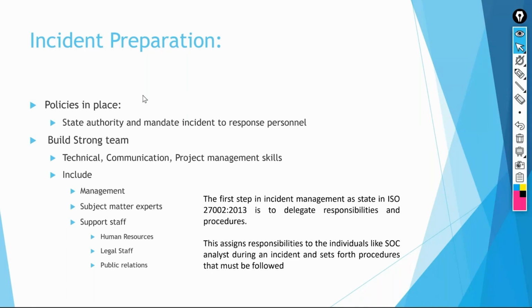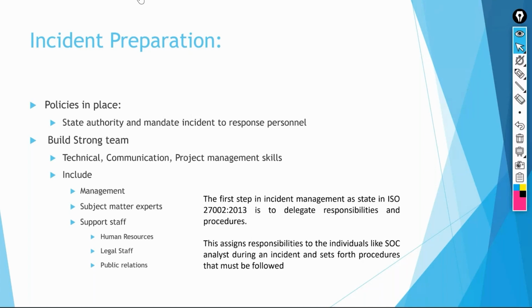So what do we mean by building a strong team? Building a strong team means we should have a strong team with technical, communication, and project management skills. In the technical team, we require subject matter experts who know how to handle an incident. Building a strong team to address an incident is very much necessary.